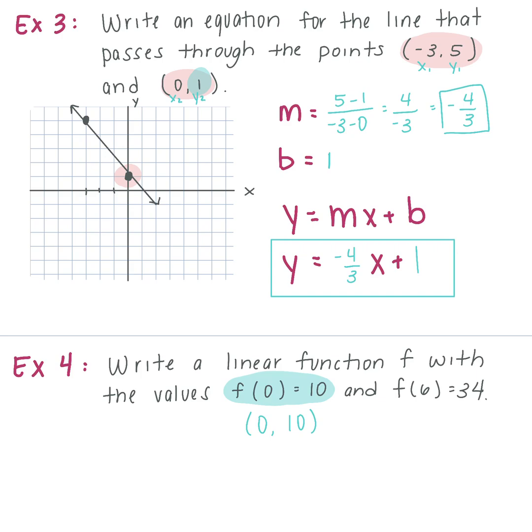Which also means that f of 6 equals 34 gives us the coordinate 6, 34. And then it's exactly the same question they gave us last time, where we have to find our slope, we have to find our intercept, and we're just going to plug it in.